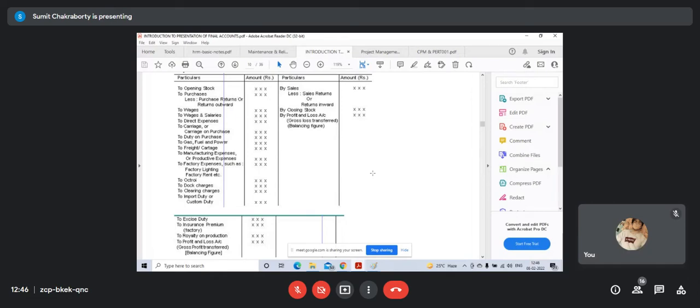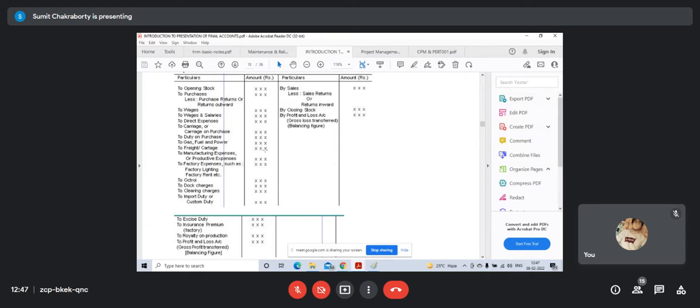Okay, to opening stock, to purchases less purchase returns, wages and salaries, direct expenses, carriage and purchase, duty on purchase, gas, fuel, power, freight charges, manufacturing expenses. So you get an idea what is there. So this table is good and you have to prepare in this format.